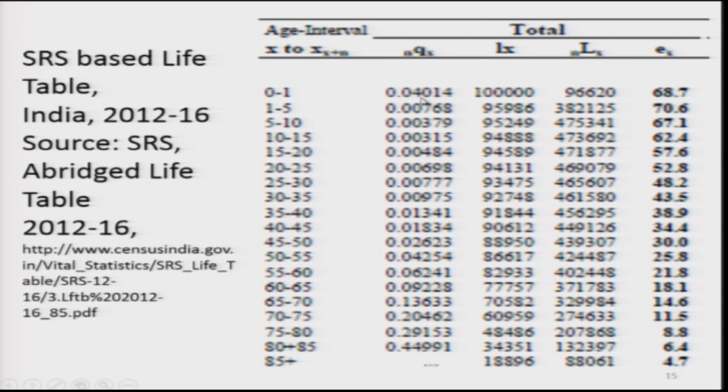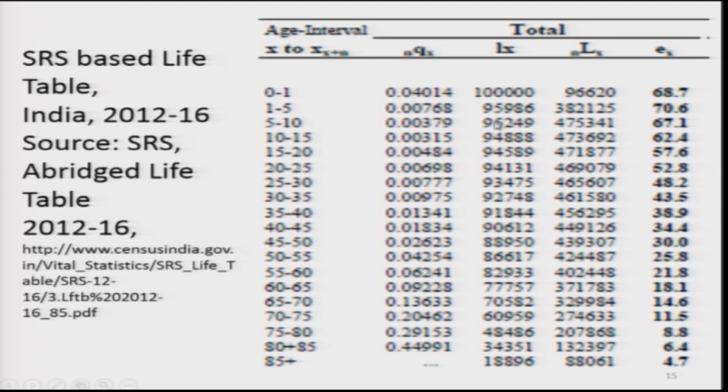This is like infant mortality. Look at the figure 0.009. This means all those who have survived to exact age 30, 9 per 1000 of them, actually 9.7 per 1000 of them, will die before reaching 35. This is how this column is explained.